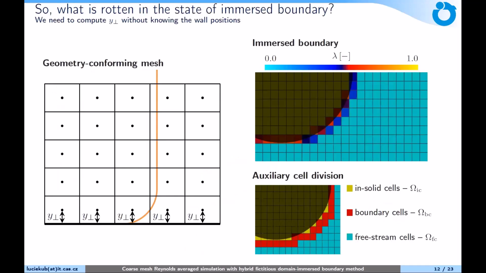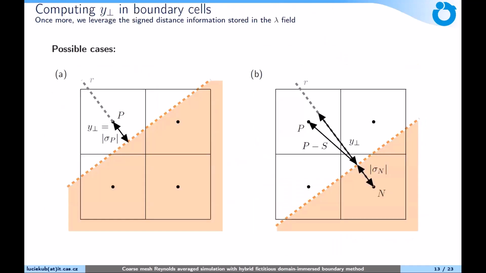But what is more interesting regarding the immersed boundary is how to compute the perpendicular distance, because you don't have the wall there. But this is why the geometric indicator field is so important, because from this we can construct the signed distance, and using some geometric parameters from the mesh, we can compute the perpendicular distance.